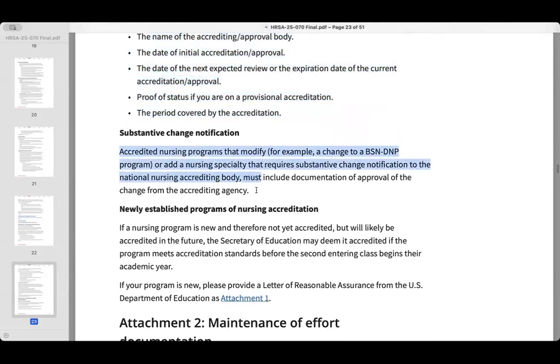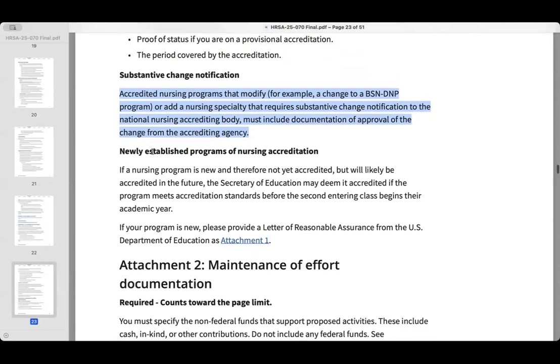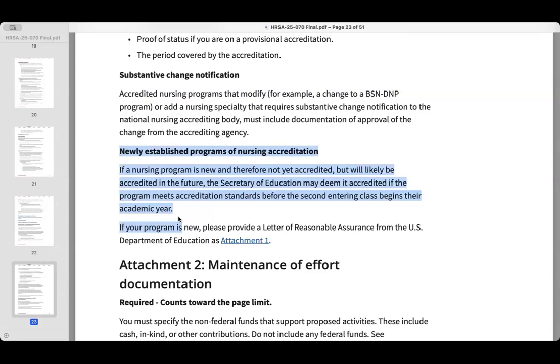And also, if your program has recently expanded, if you've changed the degree programs, there might be some additional documentation that goes with that. And I want to point out this because sometimes schools launch, and we've had some of our alums go on to teach at schools that were more newly launched and hadn't received their full accreditation.